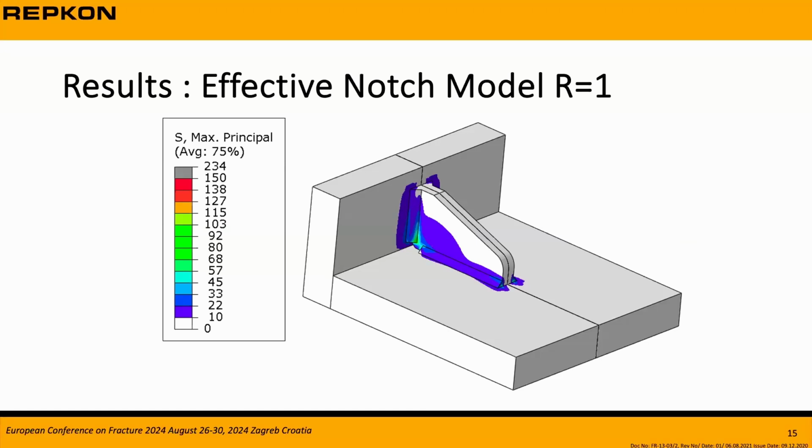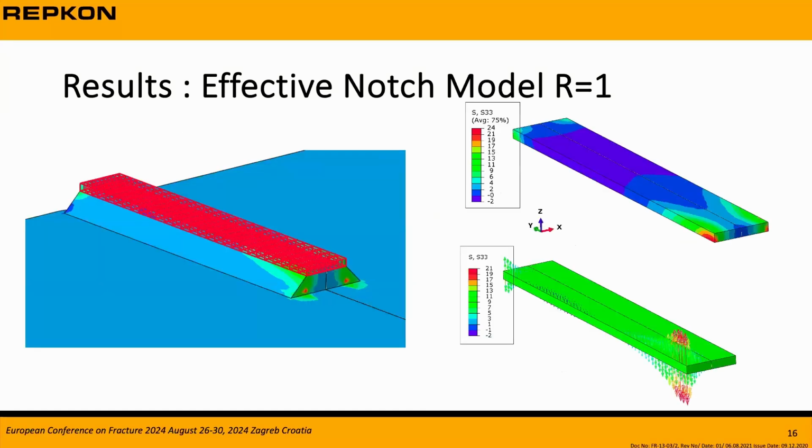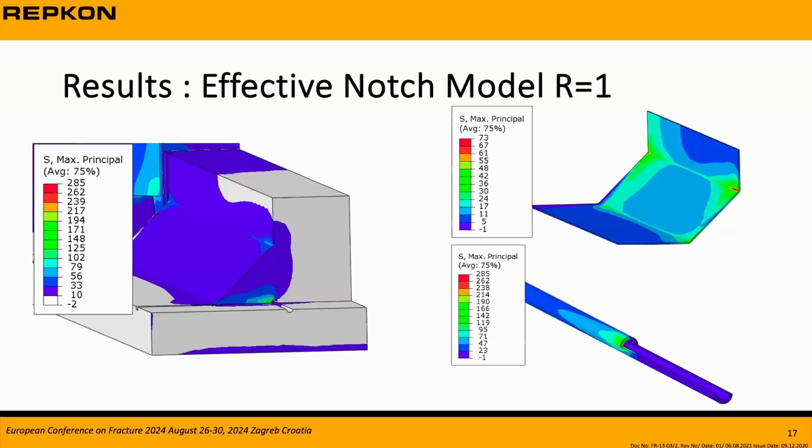Maximum principal stress result shown in here. Also, in this section, Z direction stress result given here for the detail. In here, different sections of maximum principal stress result given here and here.